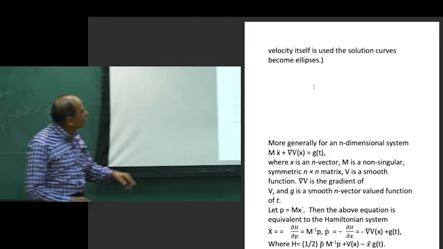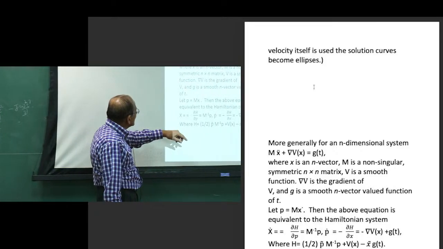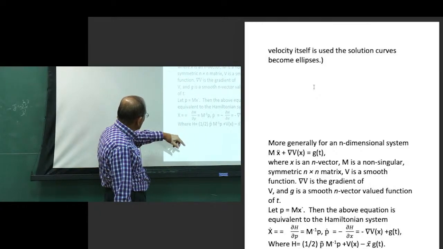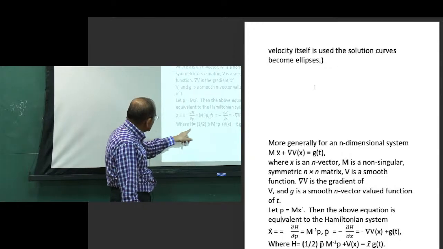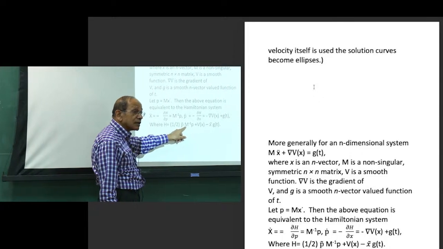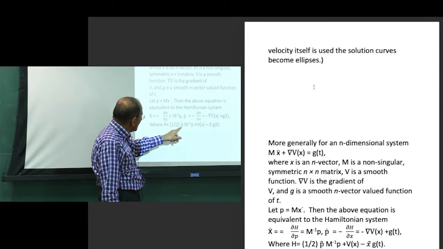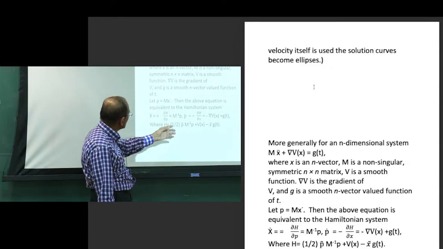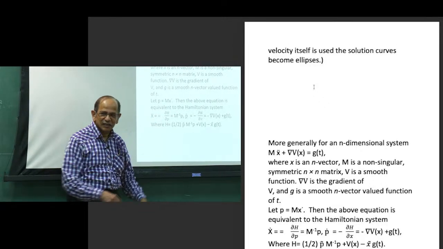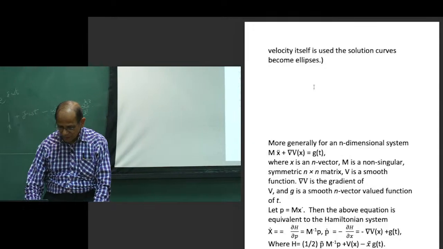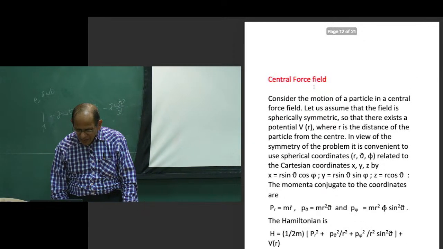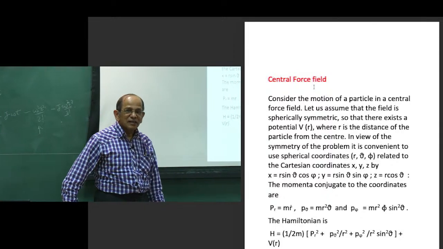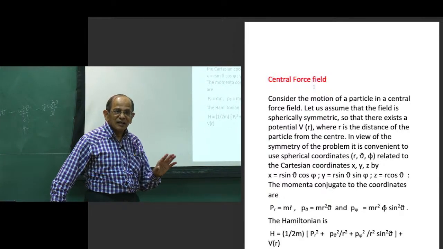All that you have to realize is that this M is a square symmetric matrix. This is a bilinear form. Otherwise, things are very straightforward. Again, something of importance: this is not a linear system.